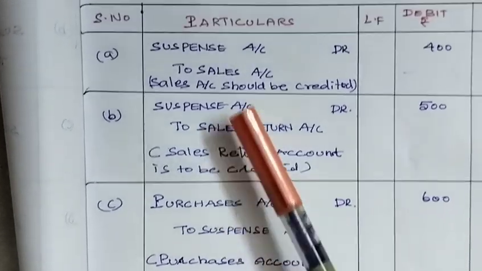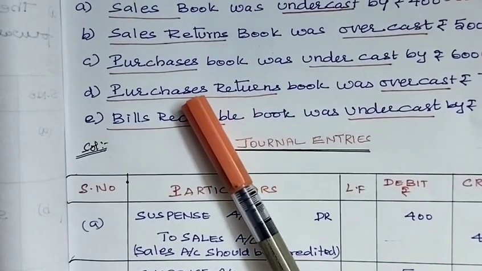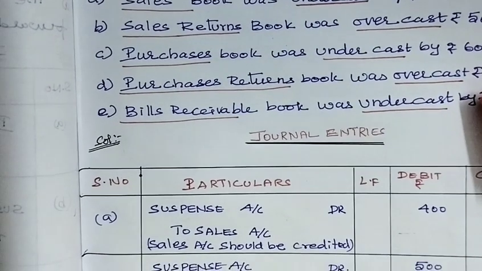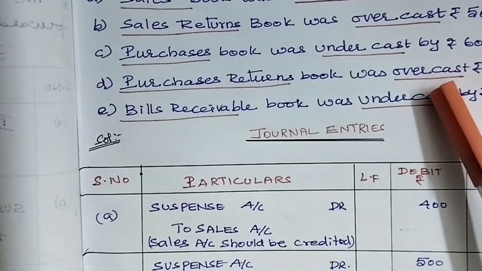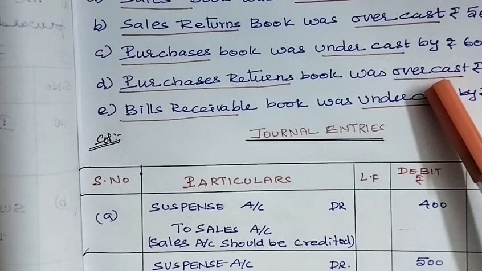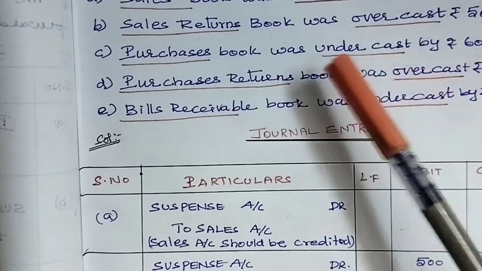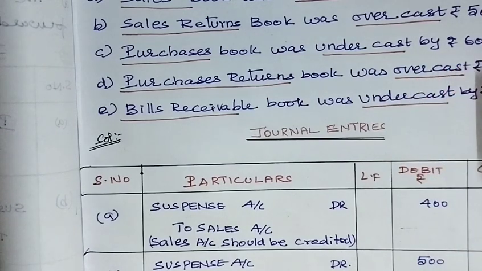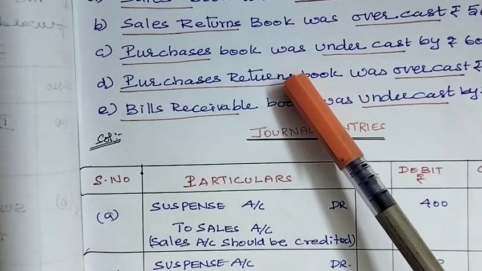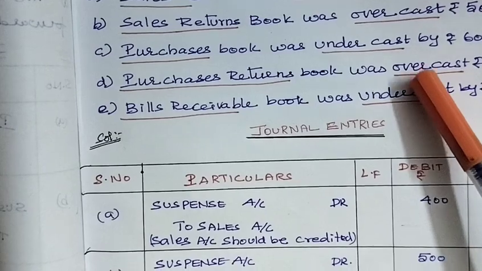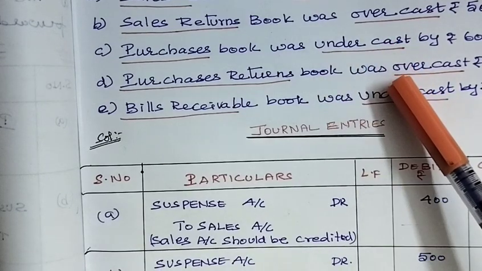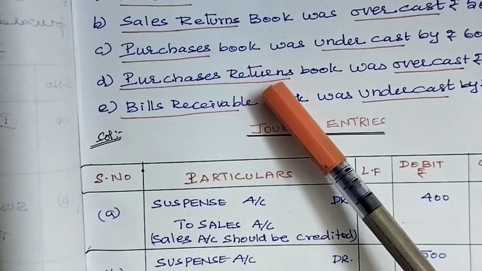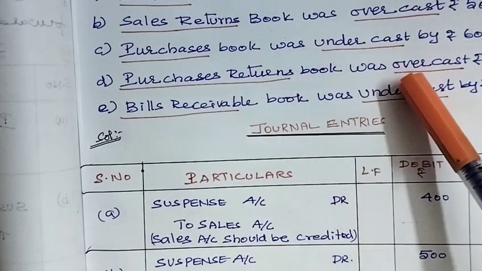Then the next transaction is purchases return book was overcast by rupees 700. Overcast means excess, more. So the purchases return book shows an excess of 700 rupees. It is a big error. How can you rectify it? You have to follow the opposite journal entry for the purchases return book.